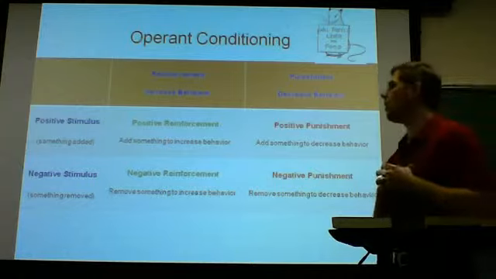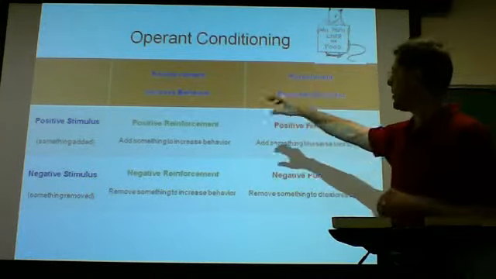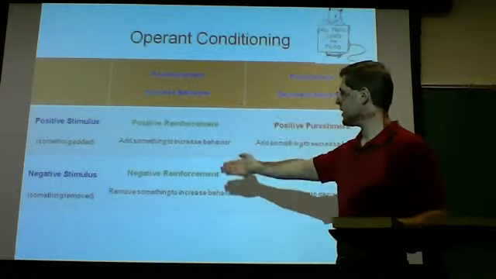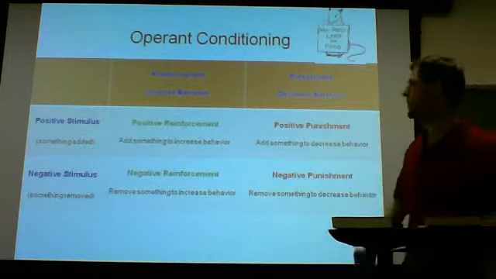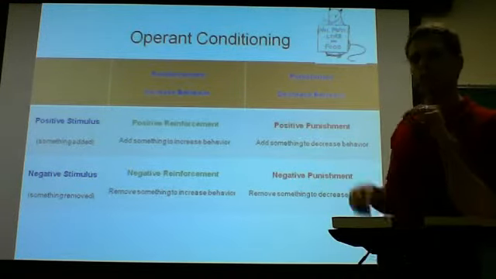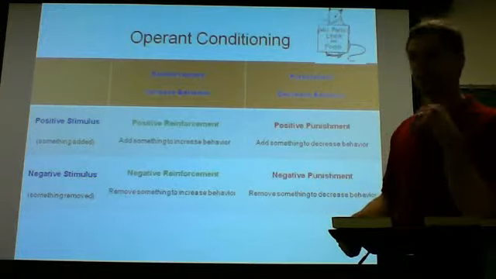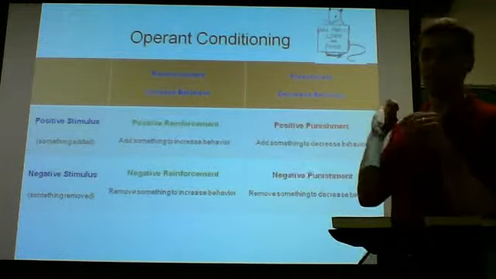That combines with reinforcement and punishment to create either positive reinforcement, negative reinforcement, positive punishment, or negative punishment. Now, positive just simply means that something is administered. Something is given. Negative means something is taken away.